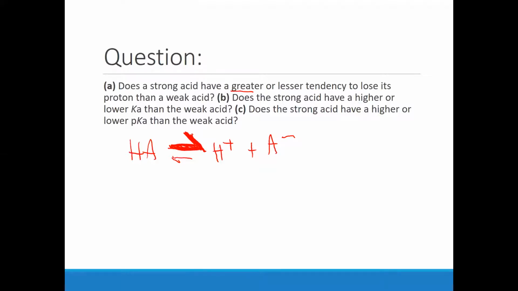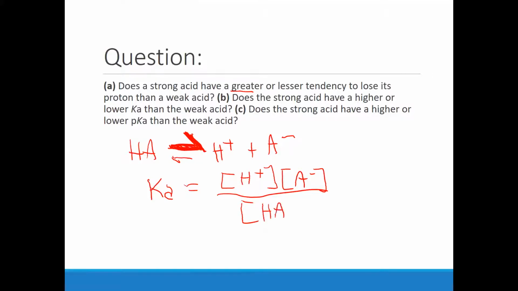So based on that, does a strong acid have a higher or lower Ka than a weak acid? And again, we can think about this just in terms of what Ka means. Ka is equal to the concentration of the products, H plus and A minus, over the concentration of the acid.